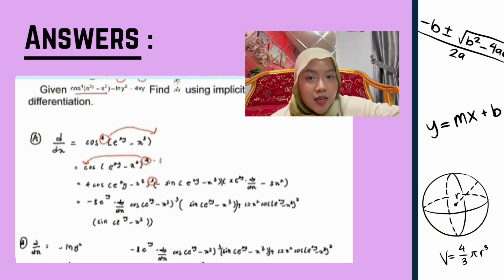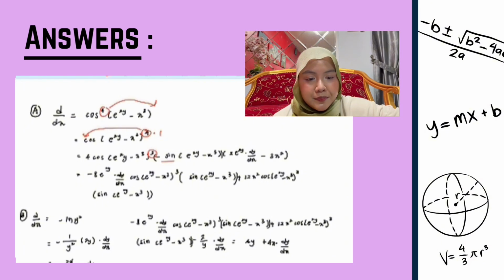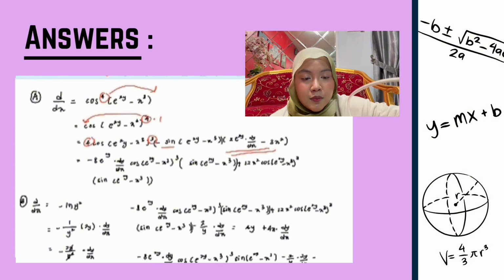Then we differentiate cos, which is negative sine, and then we differentiate inside, so we got e^y times dy/dx minus 3x^2, sorry. Then we times the 4 with the e^y dy/dx minus 3x^2, and then we got this as the final for part A.